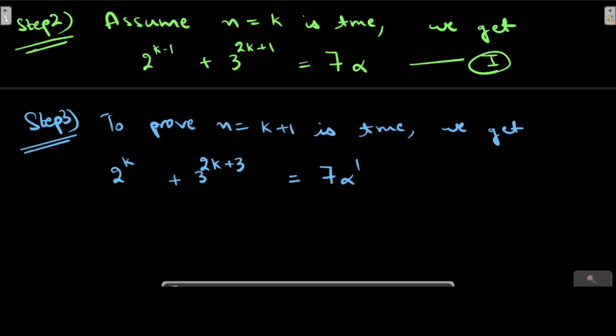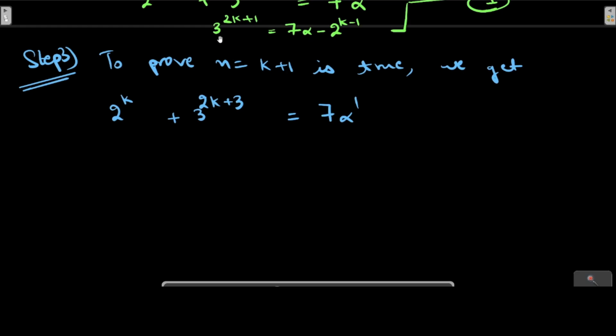So from the first, let's just rearrange this. So what do you get? 3 to the power of 2k plus 1 is 7 alpha minus 2 to the power of k minus 1. So we're gonna sub this in over here on LHS. So let's see how. LHS becomes 2 to the power of k plus 3 to the power of 2k plus 3.